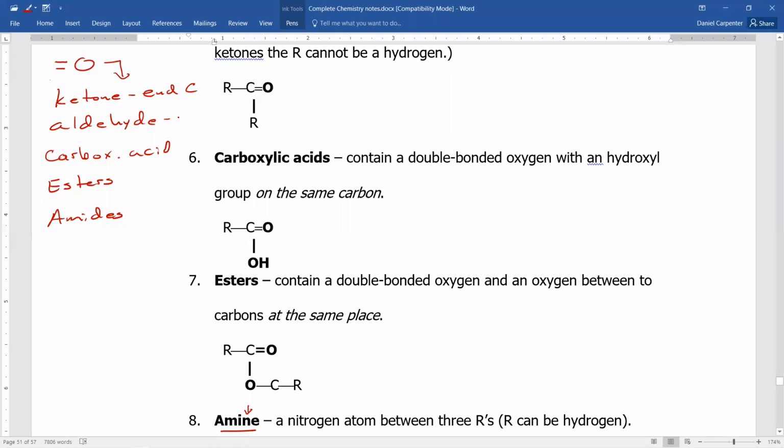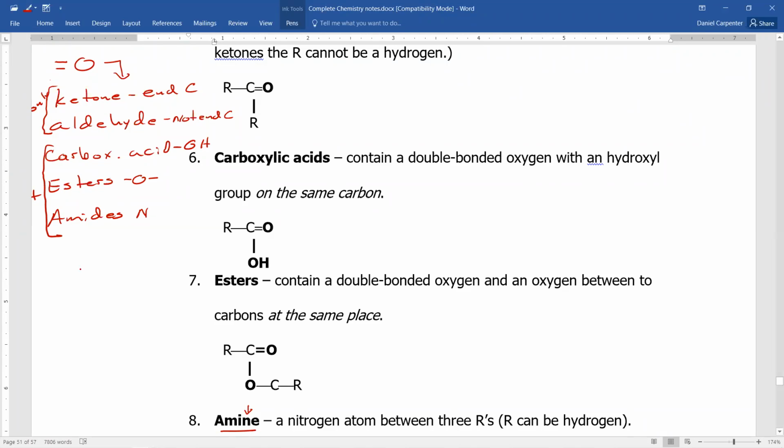Aldehyde, the double bonded O is on the end carbon, and it's only a double bonded O. Carboxylic acid has an OH on the same C. Esters have an O on the same C, and amides have an N on the same C. So aldehyde and ketone are only a double bonded O, while carboxylic acid, esters, and amides are plus OH or O or N, all on the same C.